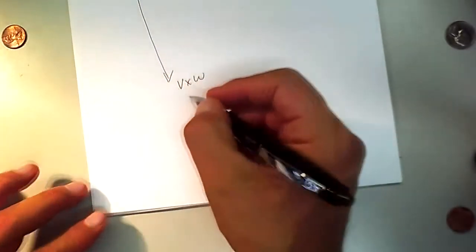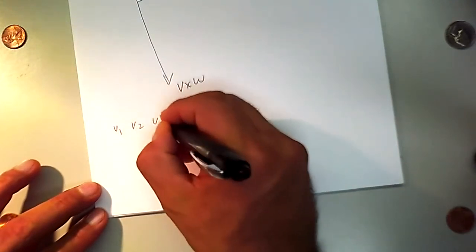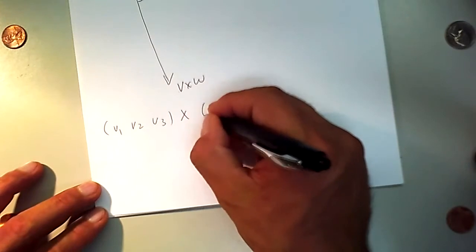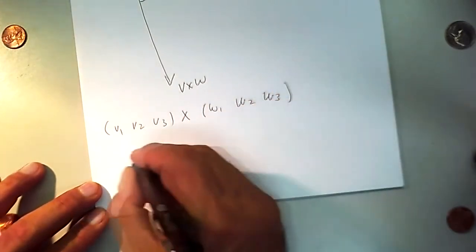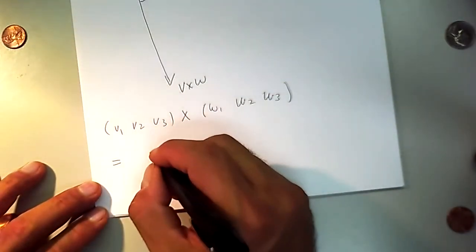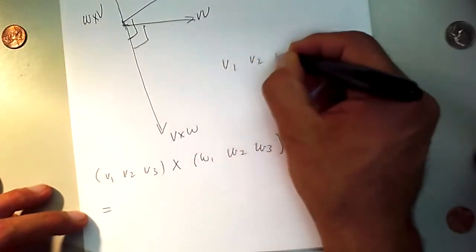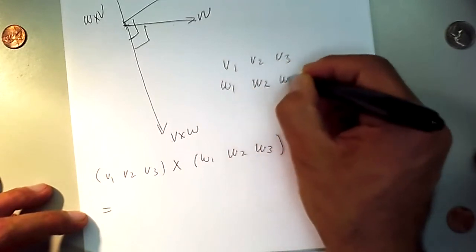Let's say you have V1, V2, V3, that's V, and we want to cross it with W, W1, W2, W3. Here's the formula I use. First, I pretend I put them one above the other, V1, V2, V3, because I'm using sort of cofactors, and W1, W2, W3.